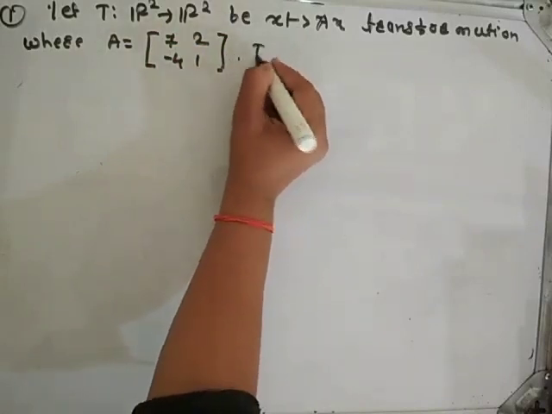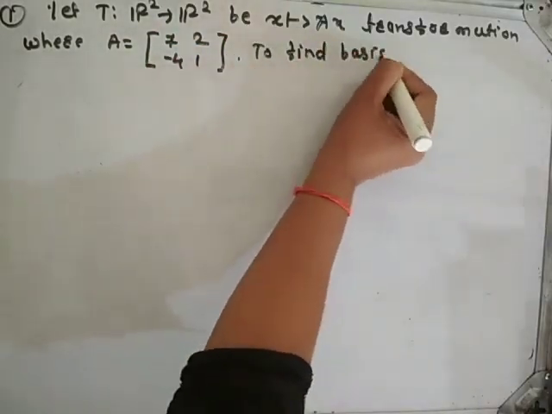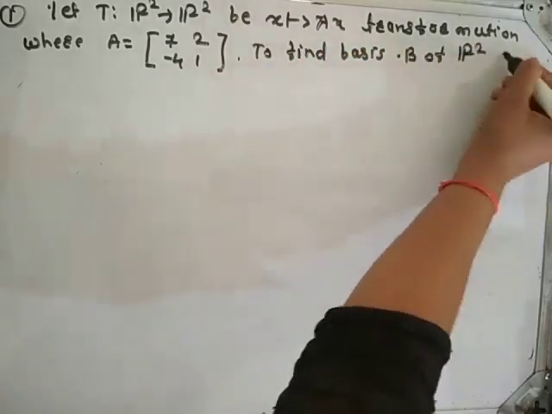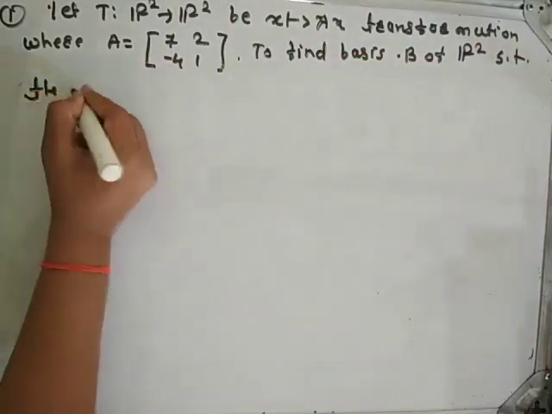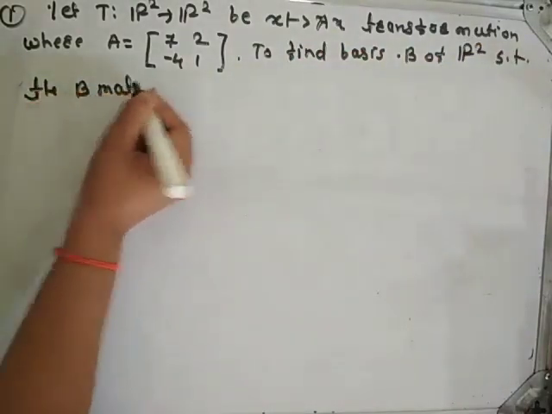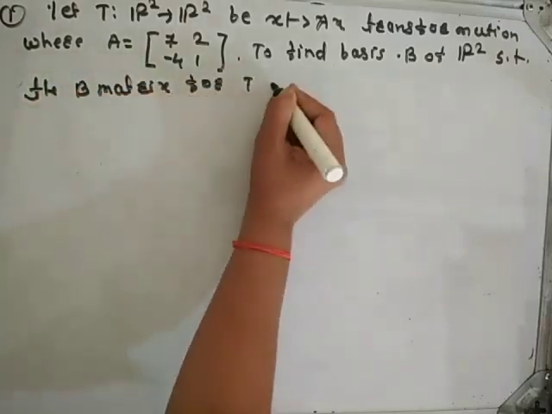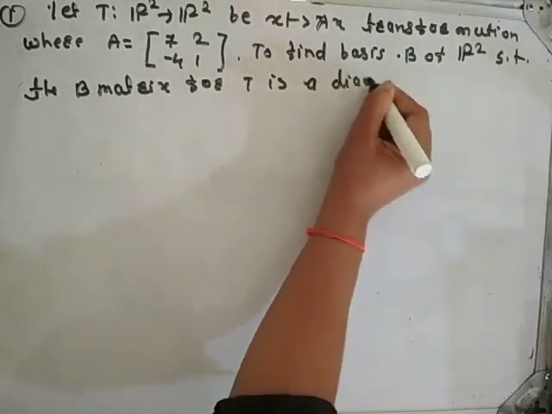Find a basis B of R2 such that the B matrix for T is a diagonal matrix.